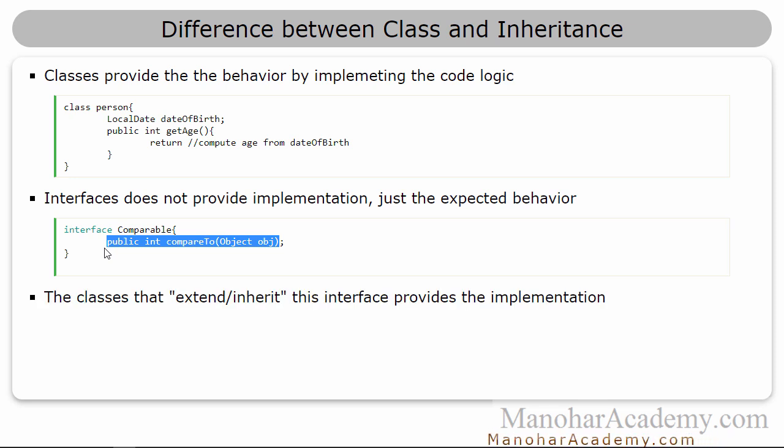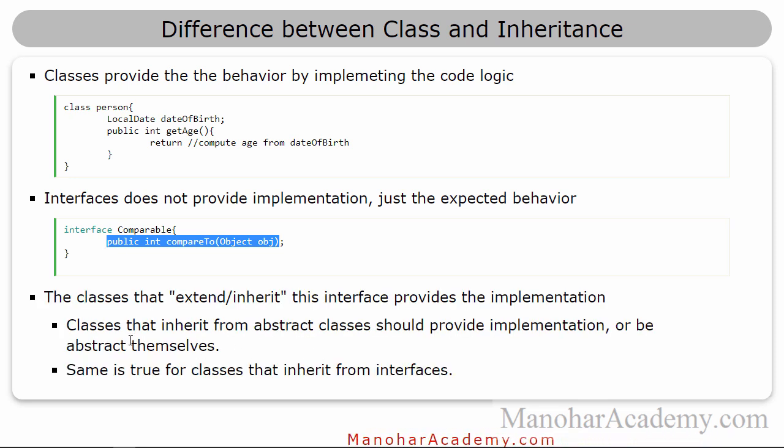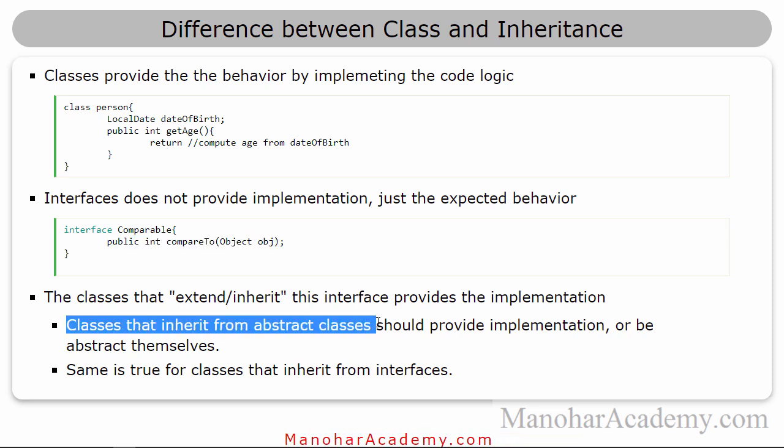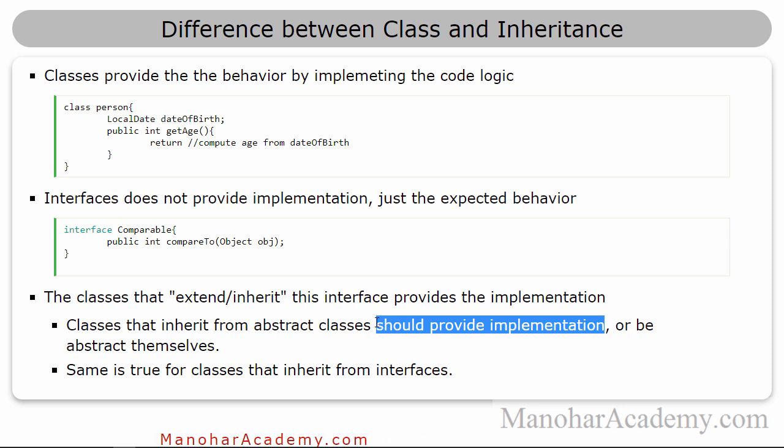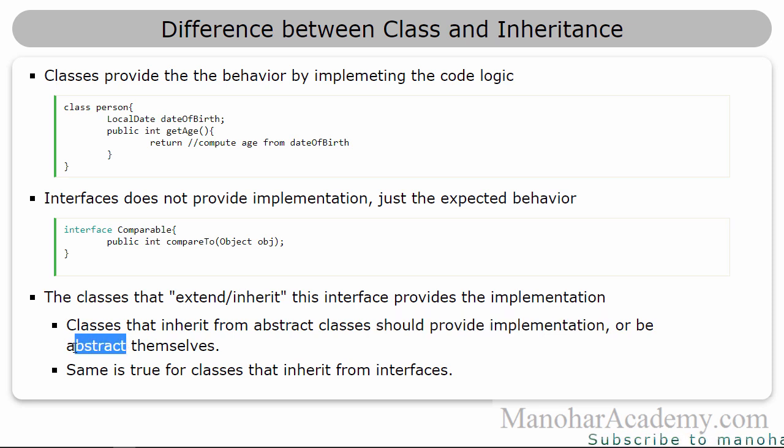Whenever you are extending an abstract class, that is, inheriting from an abstract class, you should provide the implementation, because abstract classes have abstract methods which don't have implementation. So you have to provide that implementation. If you don't, the child class will be an abstract class. The same is true for interfaces also.